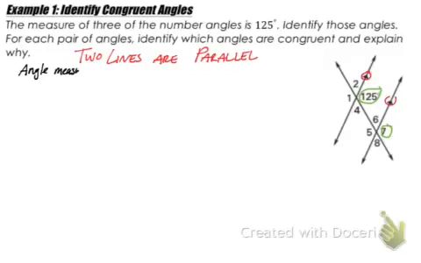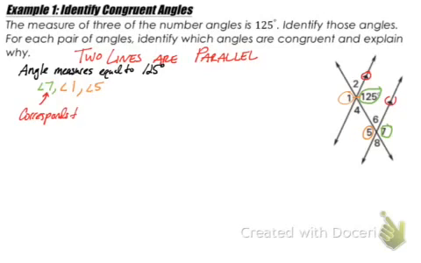So angles whose measures equal 125 degrees, we can say angle 7. We can also say its vertical angle, angle 5, the angle that's across from it, angle 1 as well, which is a corresponding angle to angle 5 and also a vertical angle to angle 7.